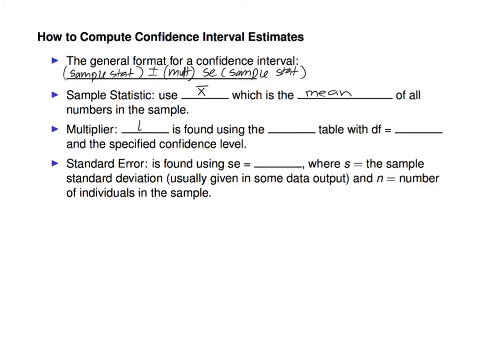The multiplier is T star, which is found using the t-table with degrees of freedom equals n minus 1, and the specified confidence level that you've been given. And the standard error of x bar is equal to s over root n, where s is the sample standard deviation, which is usually given to you, and n is the number of individuals in the sample.